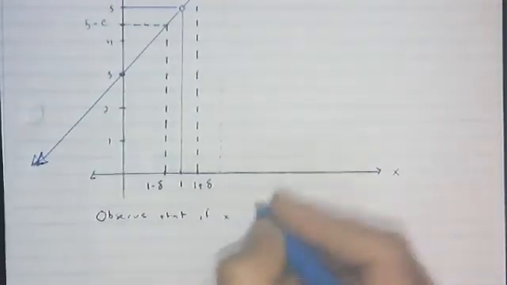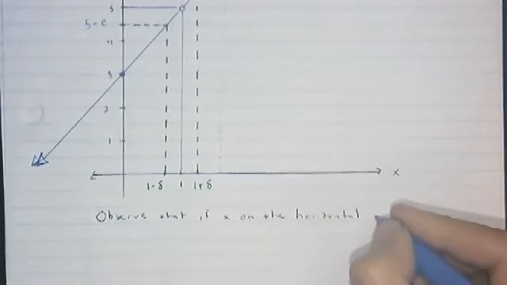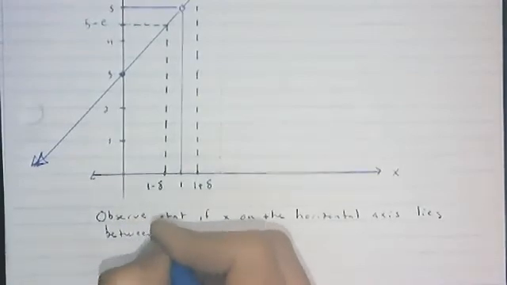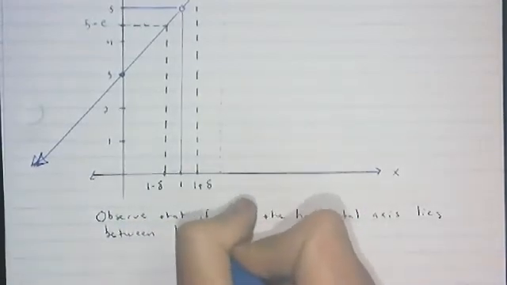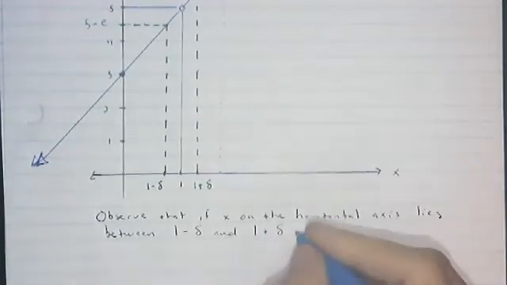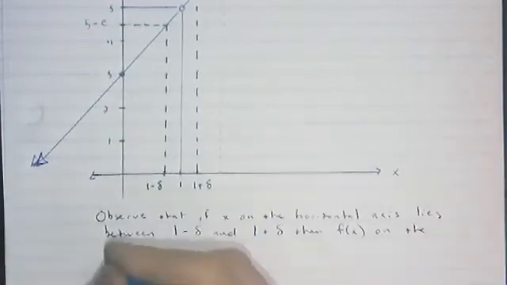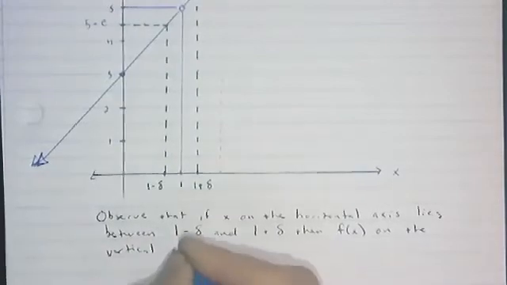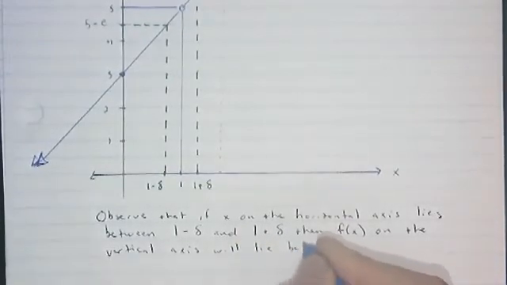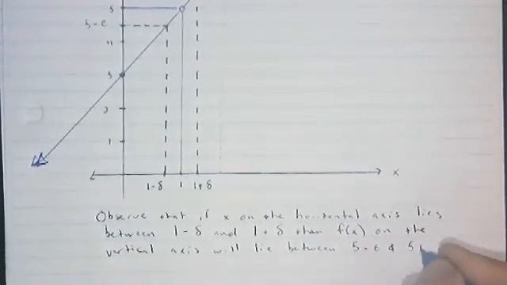That if x on the horizontal axis lies between 1 minus delta and 1 plus delta, then f of x on that vertical axis will lie between 5 minus epsilon and 5 plus epsilon.